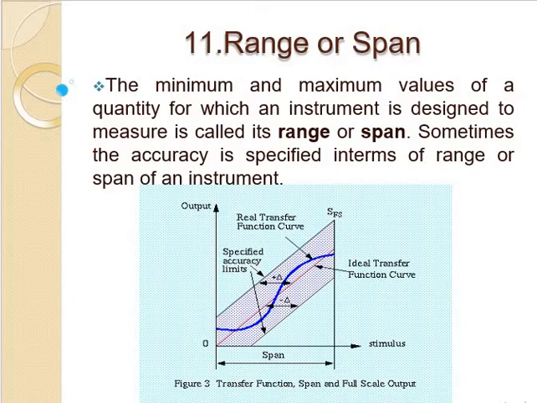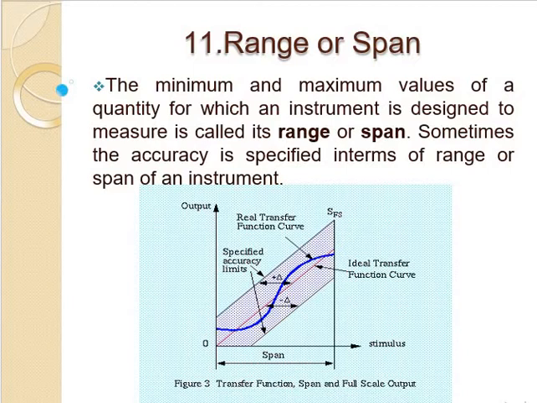Suppose the span of a bar is 10 meters. Whenever we measure the length of the bar as 10 meters, the same range should be there after 5 years. There should not be any change. That is called range or span.